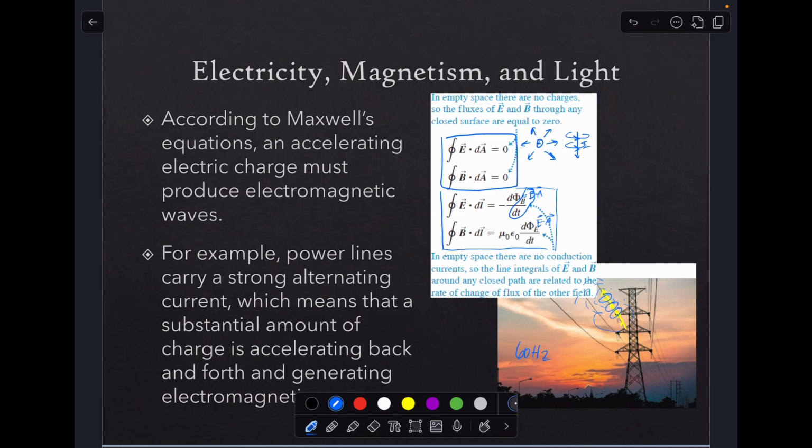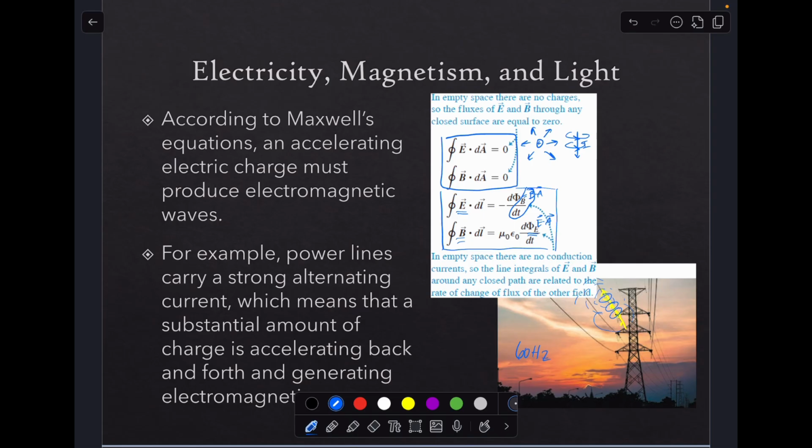But if there is any component of the flux that changes with time, you will be producing an electric field. If any aspect of the electric field is changing with time, you will be producing a magnetic field. And that is exactly how electromagnetic waves propagate in space, okay? You have something that creates, let's say, how about a current, right?